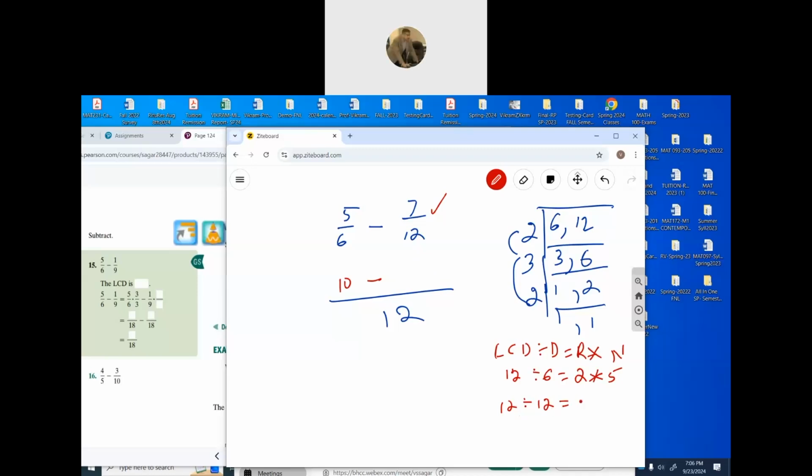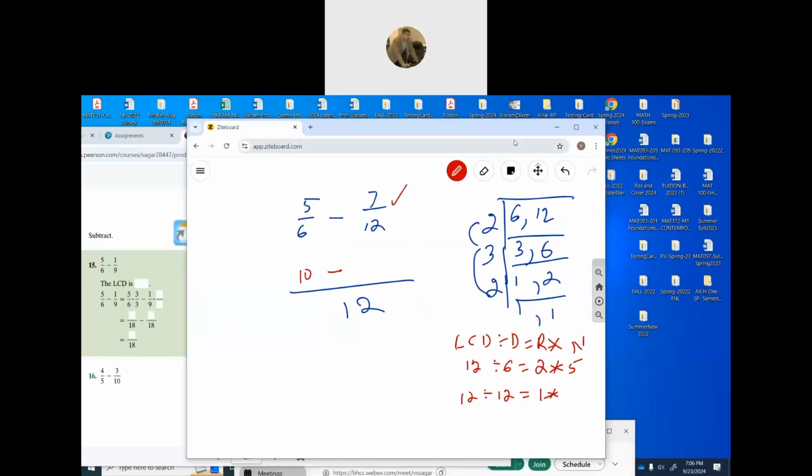So 12 divided by 12 is 1. What's my N here? 7. Times the 7, which is 7. So where should I write down 7? Under this 7.